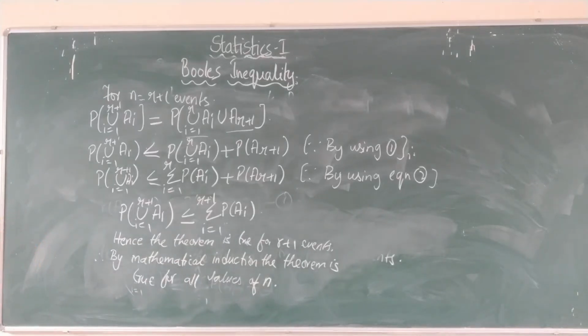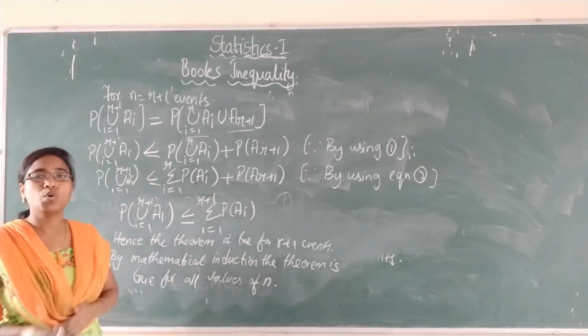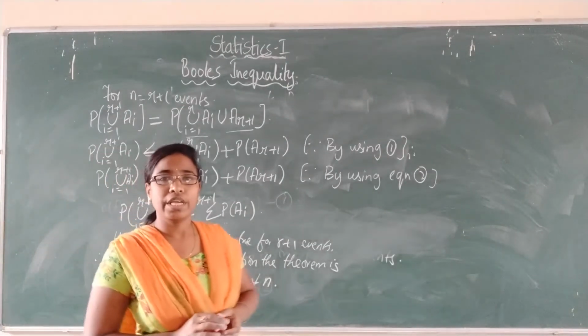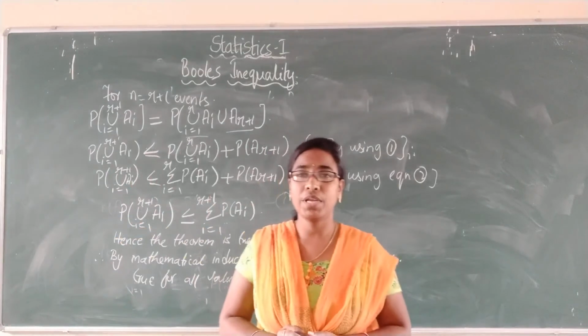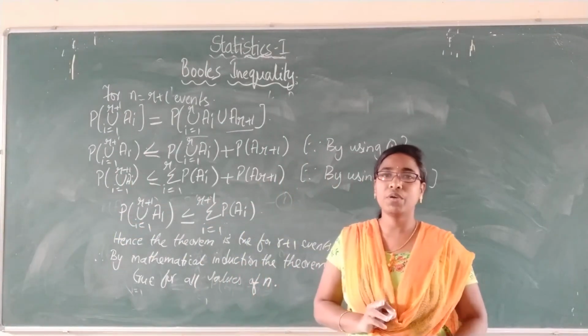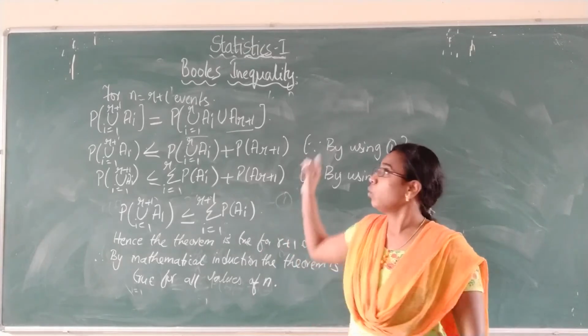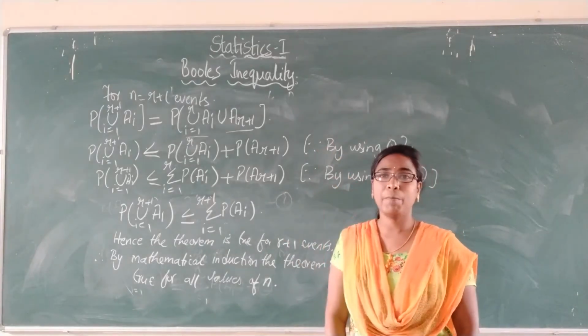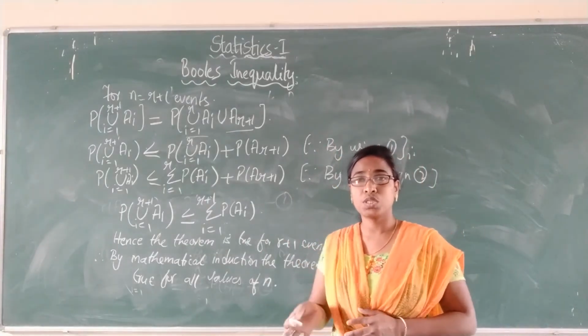In your exam, they will specify: state and prove Boole's inequality. Boole's inequality means there will be two statements. If you complete both statements, only then will Boole's inequality be complete. What are those two statements?